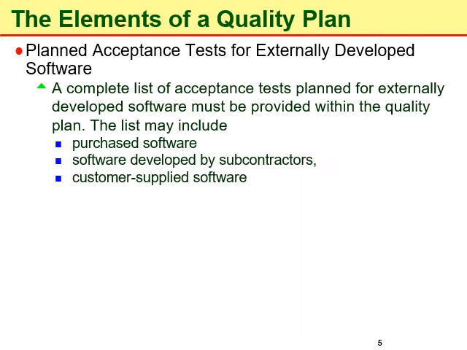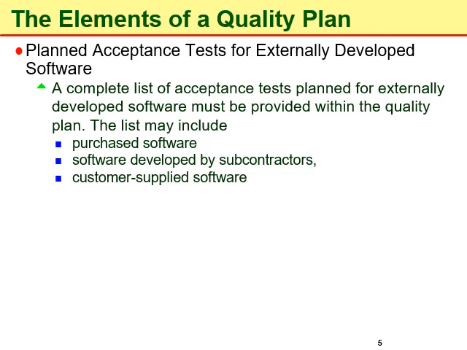The next element of the quality plan is planned acceptance tests for externally developed software. In acceptance testing, a system is tested for acceptability. The purpose of this testing is to evaluate the compliance of the system with the business requirements, and to assess whether it is acceptable for delivery or not.